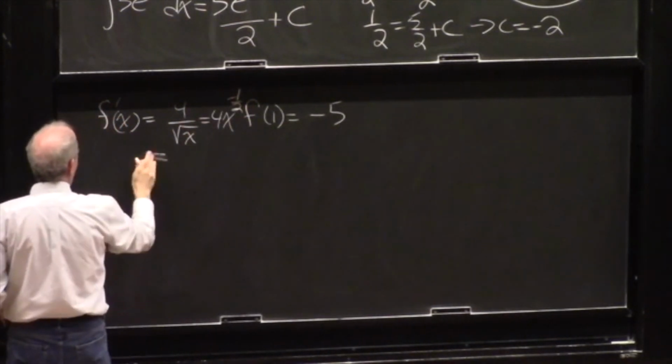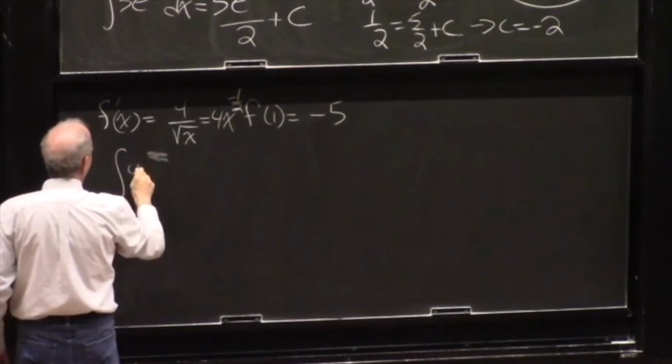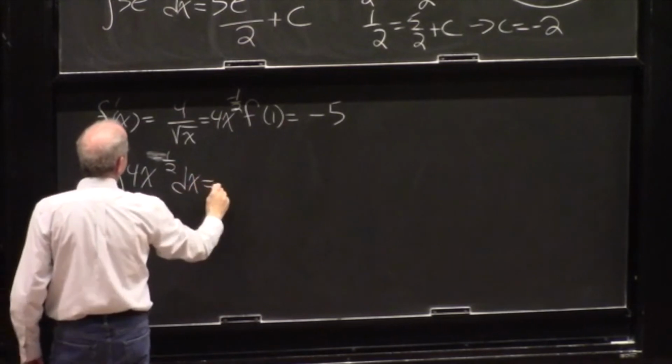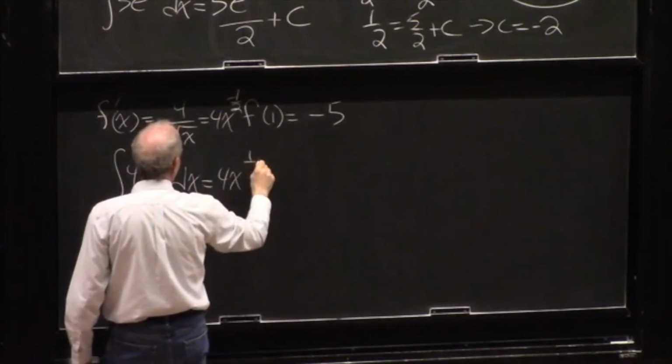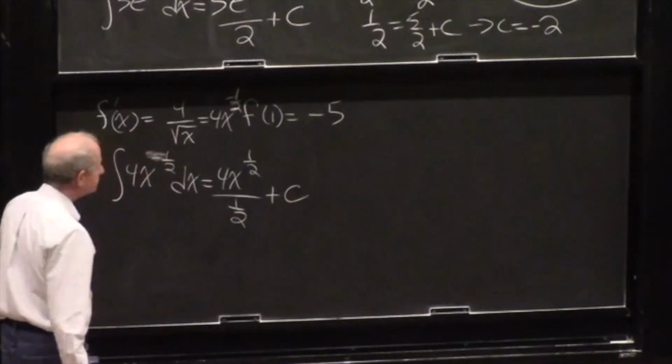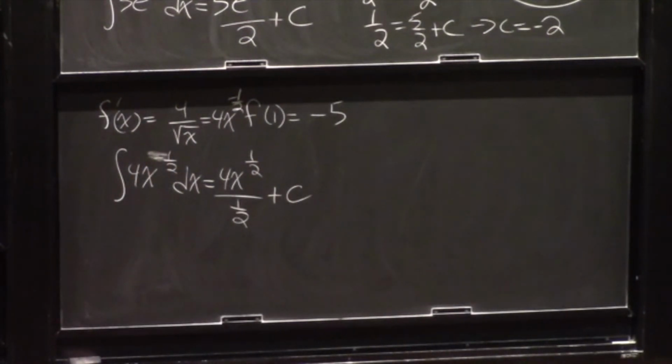Then the integral of 4x to the minus a half dx is 4x to the plus a half divided by a half. Dividing by a half is the same as multiplying by 2.